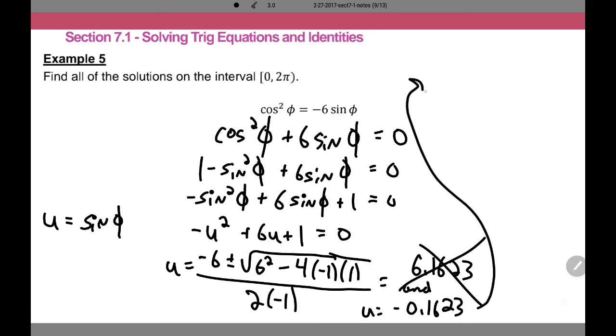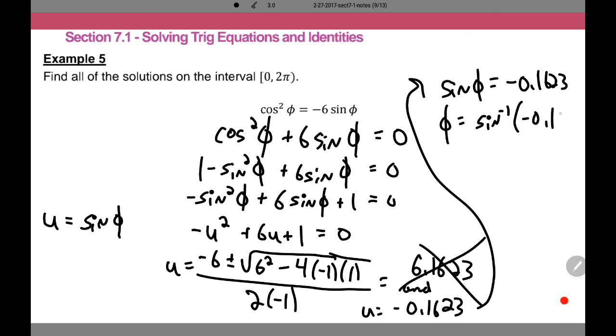So that means we've got sine of phi equals negative 0.1623. And we have to do our inverse sine again. Alright? And if we do our inverse sine of that, we get a value that is negative.